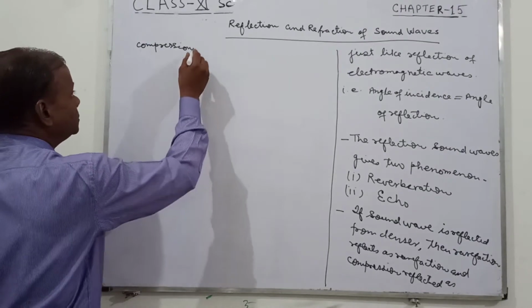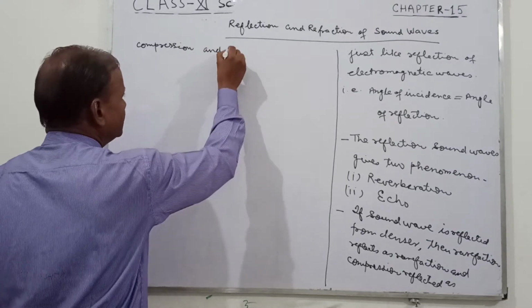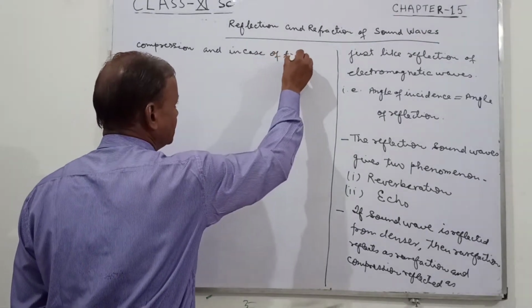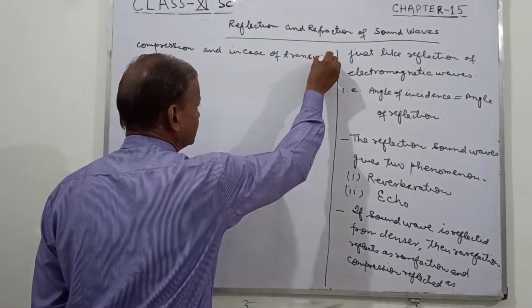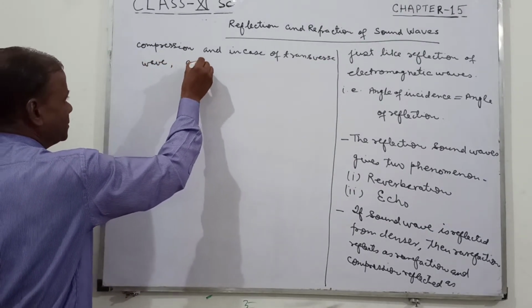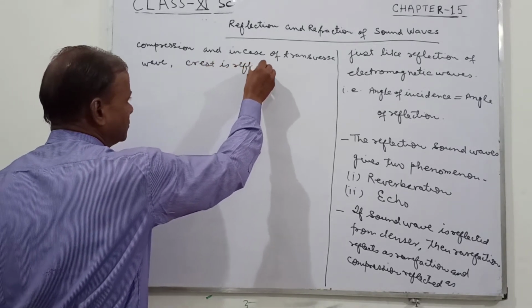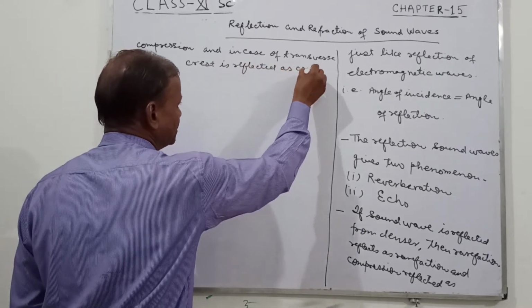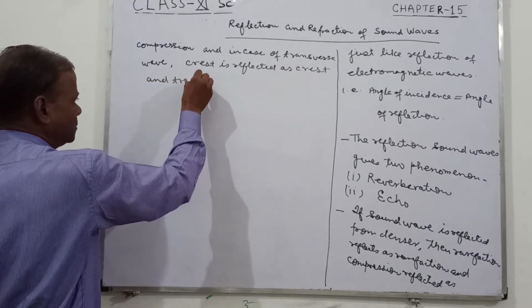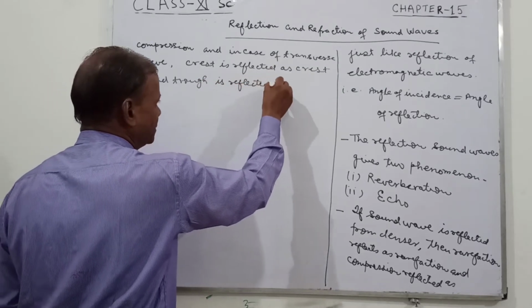And also in case of transverse wave, crest is reflected as crest and trough is reflected as trough.